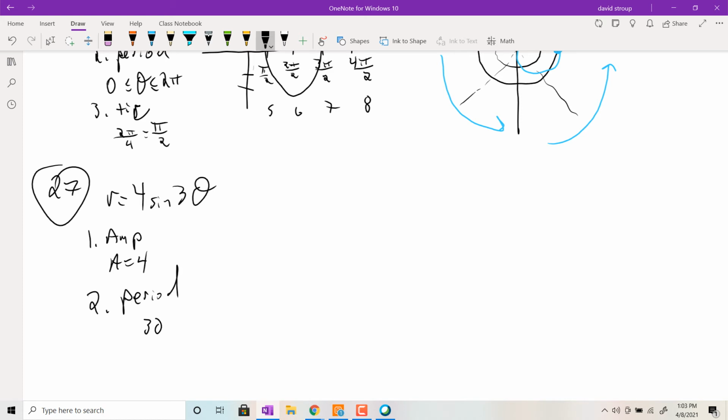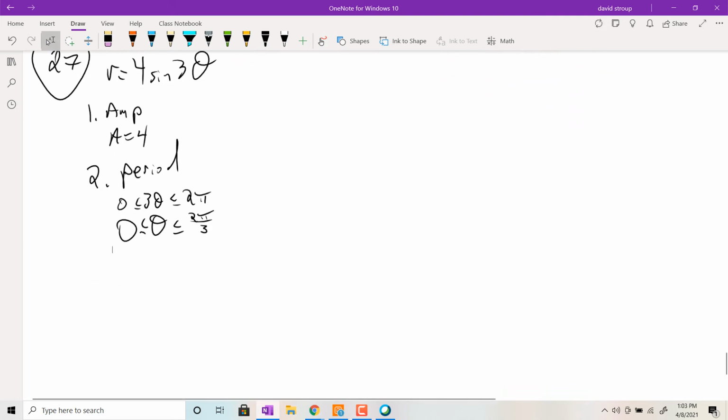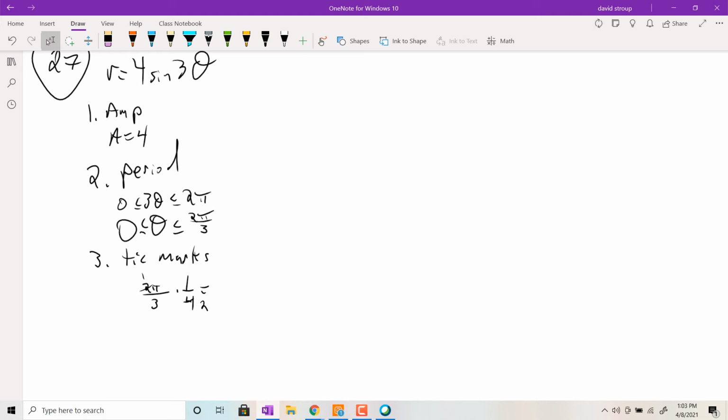So we wedge this in between 0 and 2 pi, and then we can divide out by 3. And then you get your tick marks. So I got 2 pi over 3 divided by 4. In other words, multiplied by 1/4. So canceling, I get 1, 2 there. So I'm going by pi over 6s.